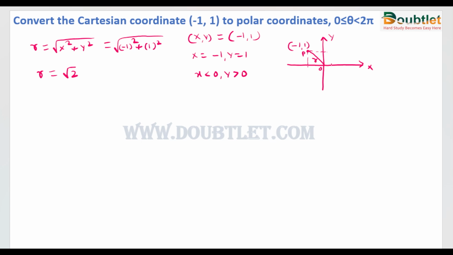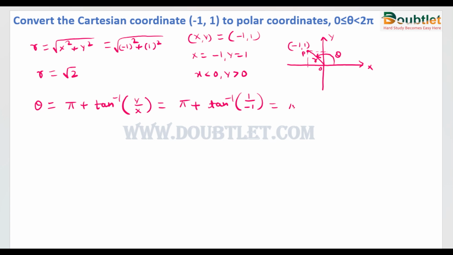And now we need to find this polar angle. So this is angle theta. Since the point lies in the second quadrant, we need to use the formula pi plus tan inverse of y divided by x. Now if we use this formula, we can write this as tan inverse of y value is 1, x value is -1.